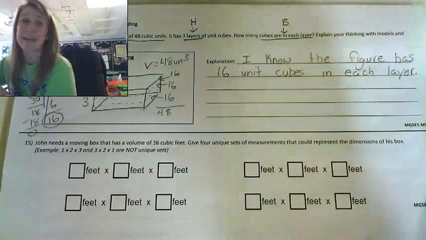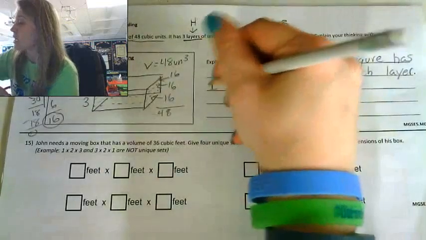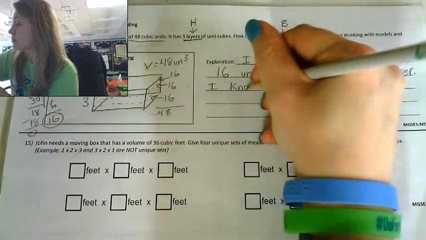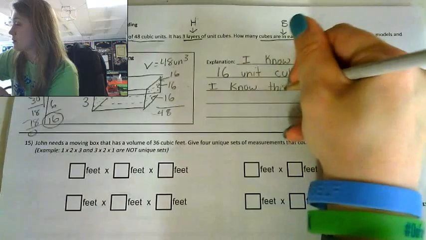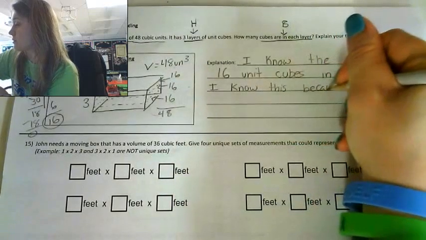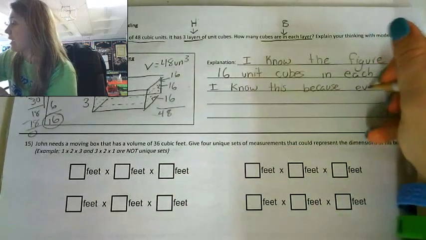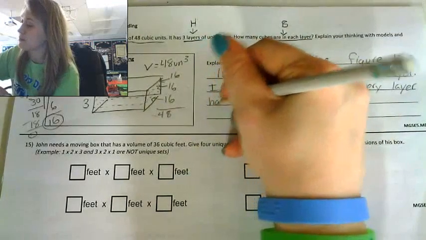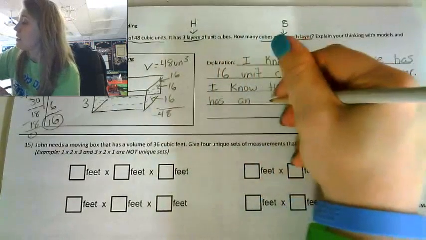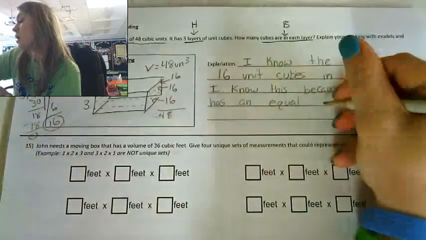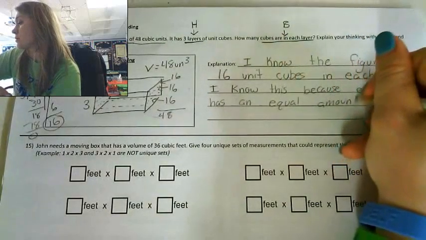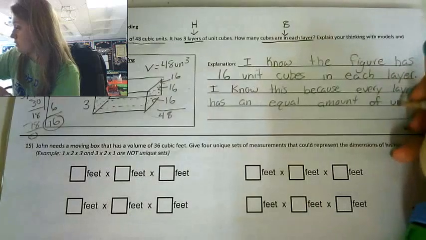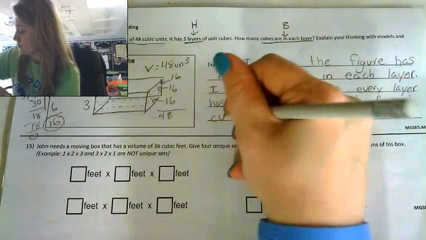Now I'm going to explain how I know that. I know this because every layer has an equal amount of unit cubes.